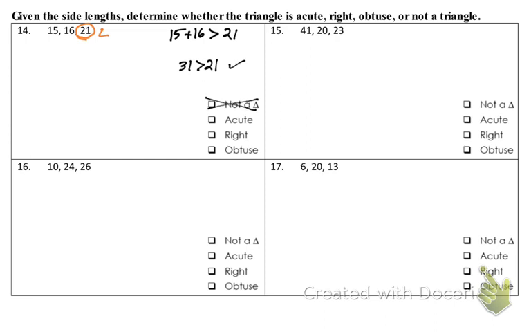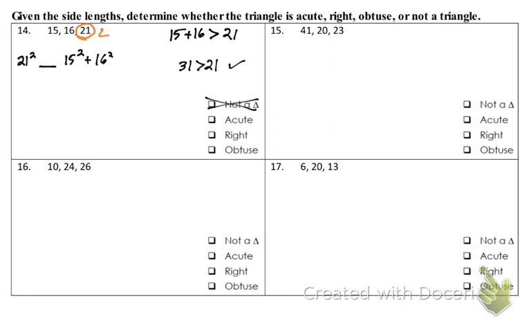To check to see if it's acute or obtuse, you have to pick your longer side, square it, and you're checking to see how that compares to 15 squared plus 16 squared. It's all about this symbol here. I'm not going to do this problem, I'm going to let you do this. But if this was equal, equal means it's a right triangle.